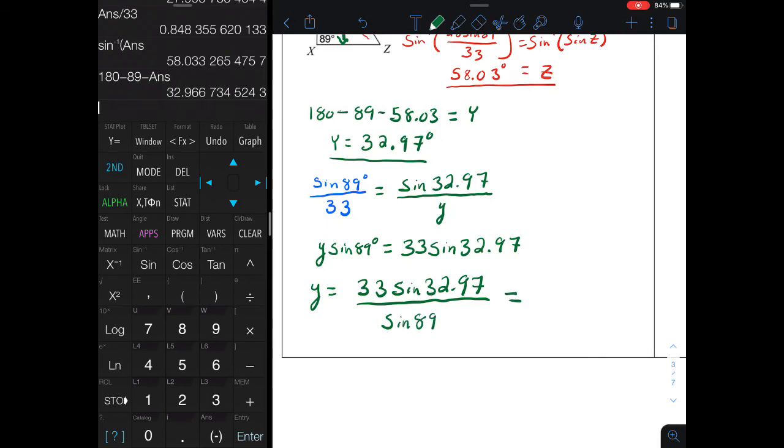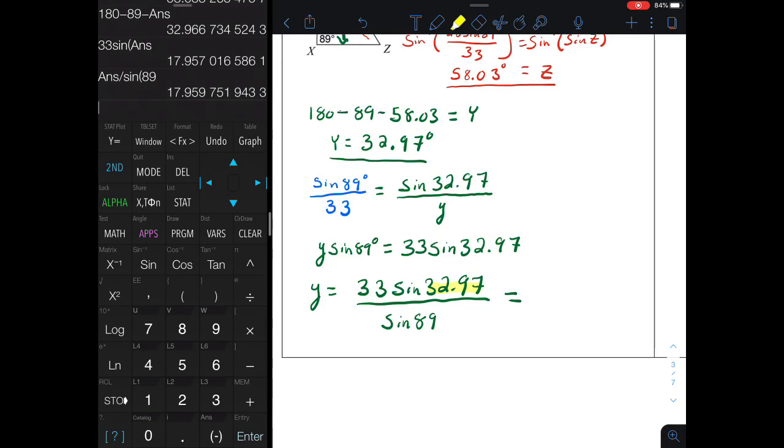And that's going to give me Y, which would be the last missing part of information. Now, again, we have the entire decimal of 32.97 in our calculator, so I'm not using the rounded one. So I'm going to go 33 sine of that answer we have for our entire decimal, and then divide that by sine of 89.